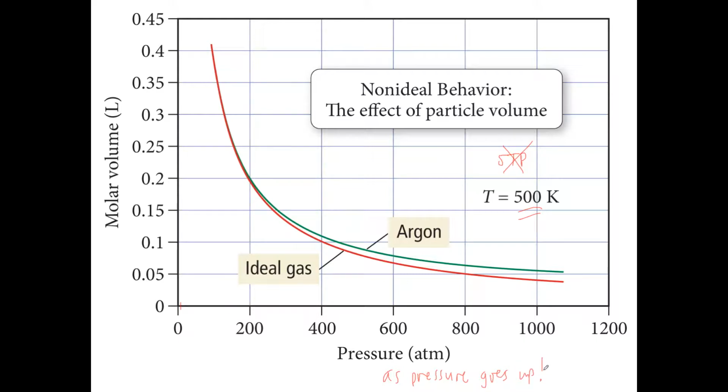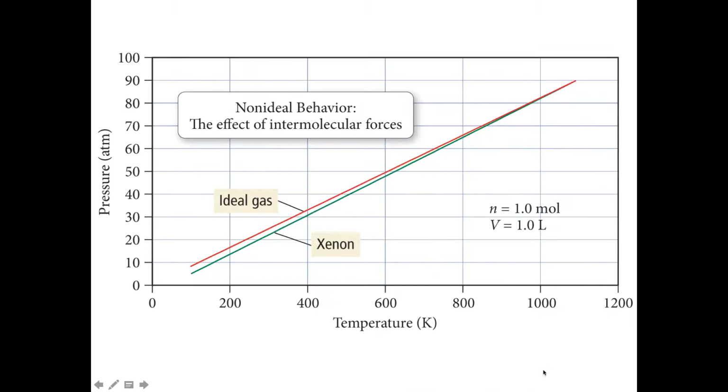I think we're going to see the same thing as temperature goes down, as this gets really cold. If this is in kelvins, this is about where we live, about 300. This is about room temperature.